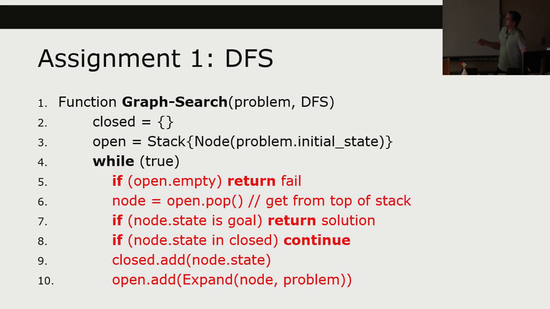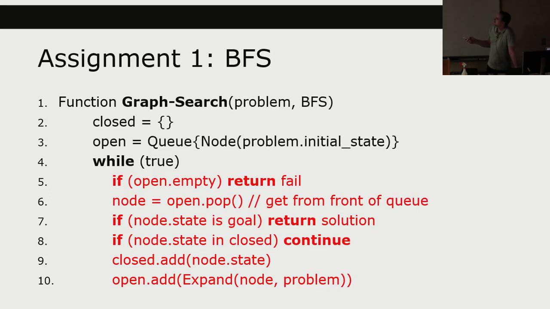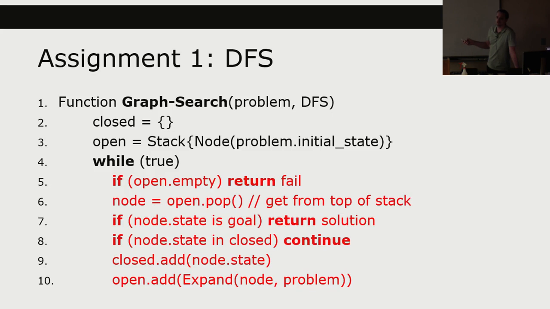But what we'll do is we'll always add things to the end of the array. But for a queue, we'll get from the front of the array. And we can do that with a particular JavaScript function. I'll get into that when we go into the code. And it's just a different function if we want to get from the end of the array. So we can use an array to simulate both a queue and a stack just by how we take an element from that array. And that's the explanation of the assignment.